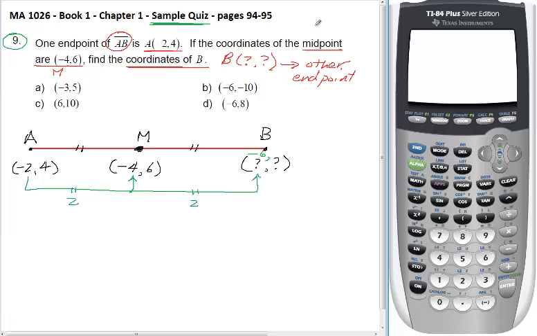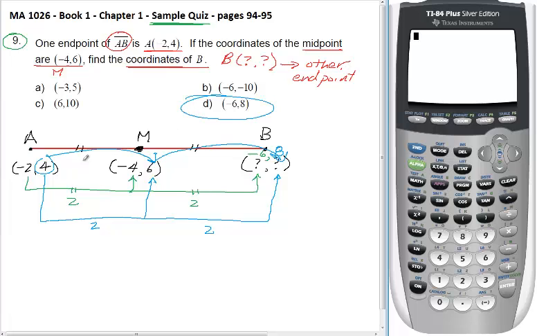Using the same logic for y, I go from 4 to 6, which is 2 units, then 6 up 2 more units, just add 2 to 6, and you get 8. So that's one way to look at it. There's your answer right there, (-6, 8).